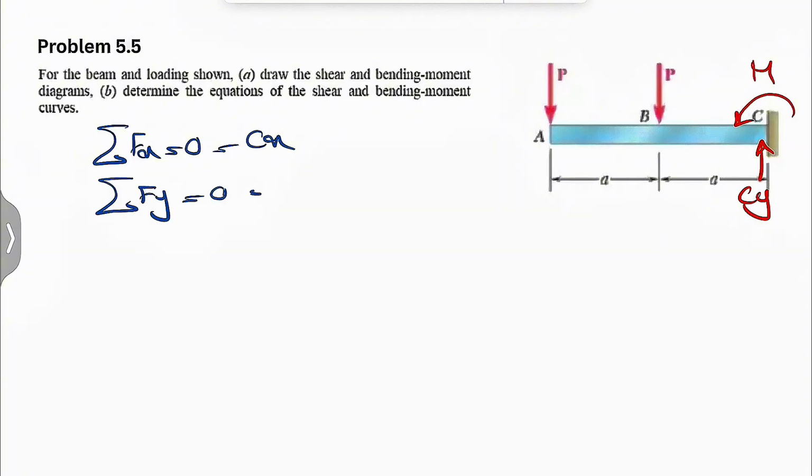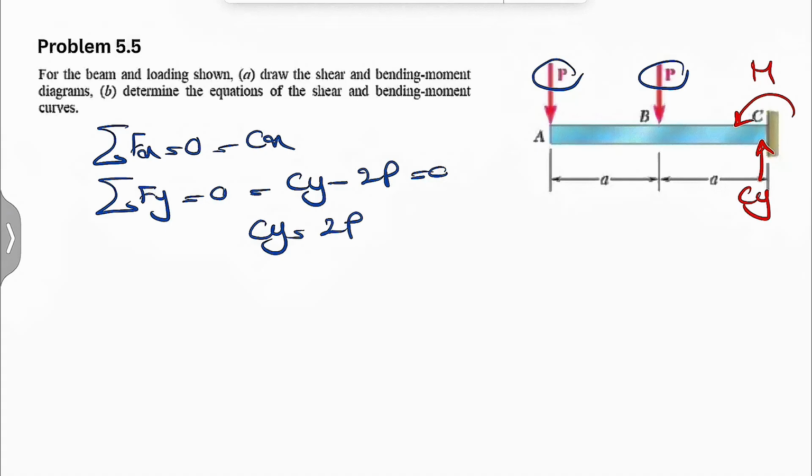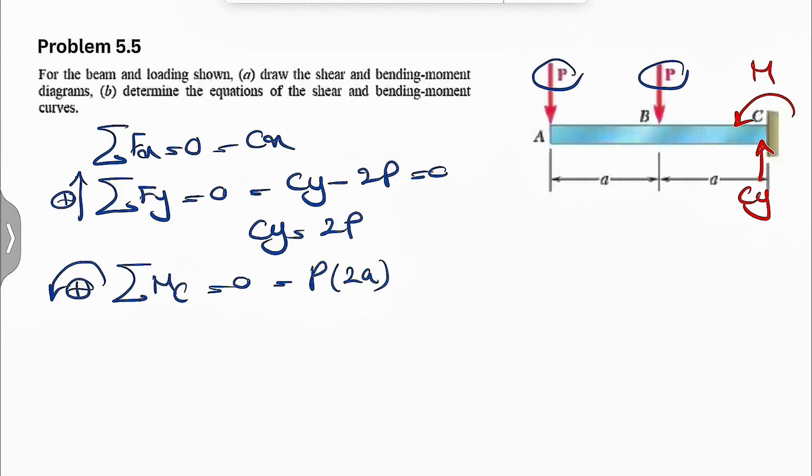Sum of all forces in y, we have Cy minus 2P equals 0, so 1P, 1P, so negative 2P. Cy will be 2P, and we can do the moment about C equals 0, counterclockwise, as always, positive. So we have the moment of the P about C counterclockwise, so it's positive P times a plus a, which is 2a.